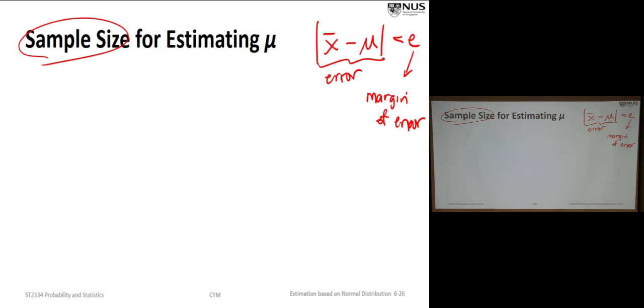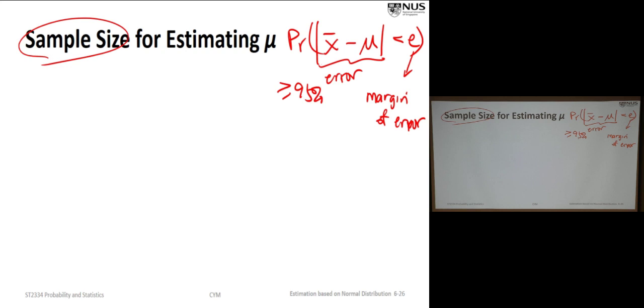Of course, the best is, I want almost 100% that your error will be less than 1. Can I achieve that? Maybe it's too stringent. So I will accept the chance of the error being less than my margin of error, let's say at least greater than 95%.